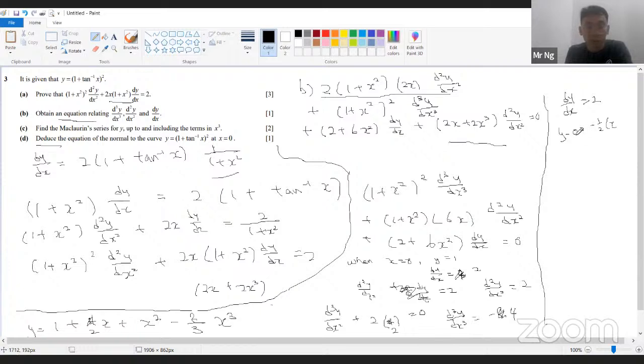When x equals 0, y equals 1. Sorry, minus 0. What I'm trying to say is that this is one of the points on the original graph. So y equals minus half x plus 1, done.